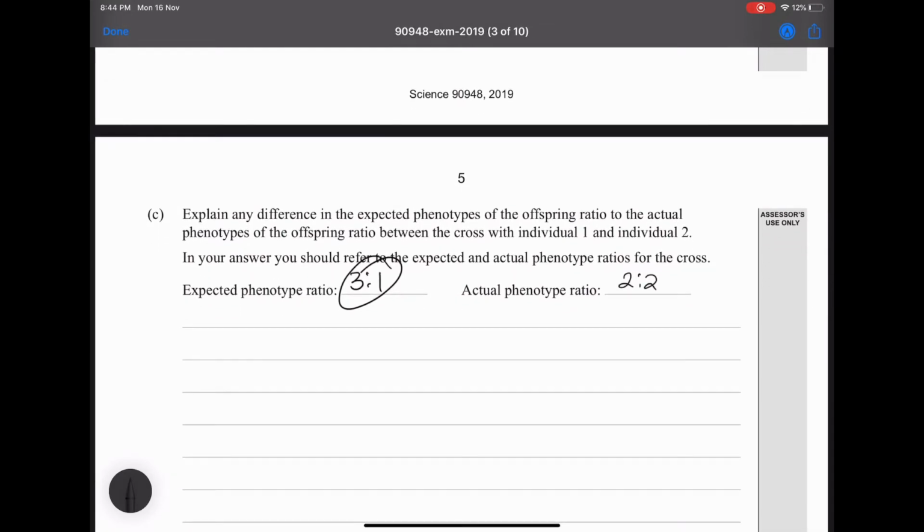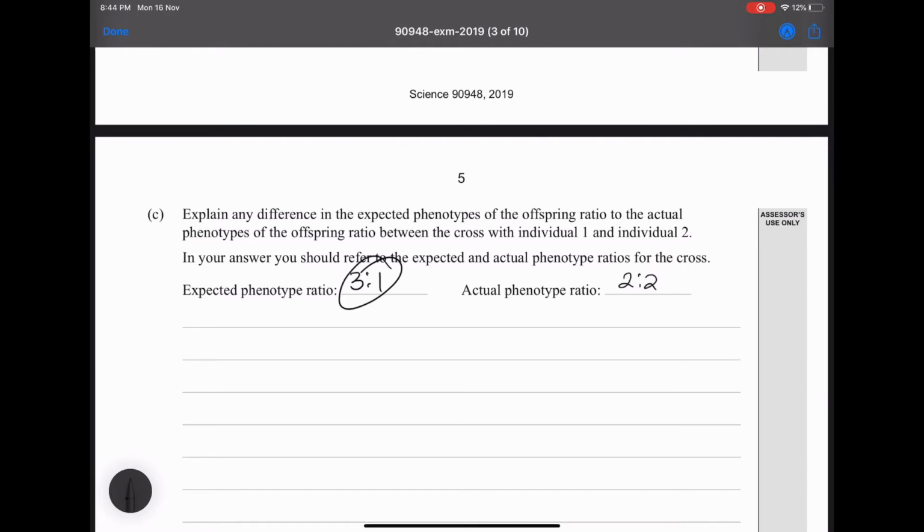So in your answer, you should refer to the expected and actual. So what they're wanting is just explaining why this occurred and what the reasons behind it are. So if the actual phenotype has a greater number than the expected phenotype, this means that the parents, male 1 and female 1, carry more of the condition than expected.